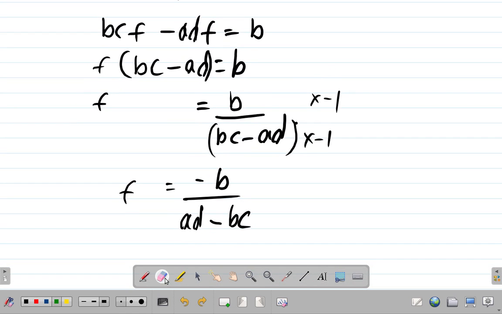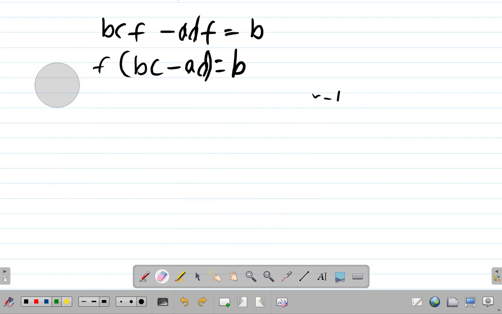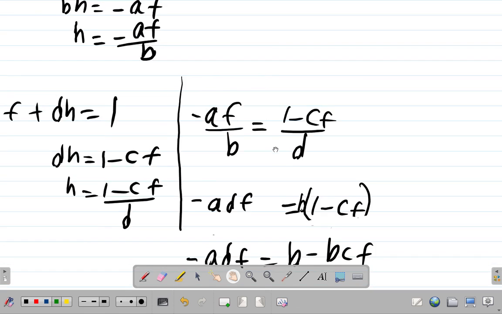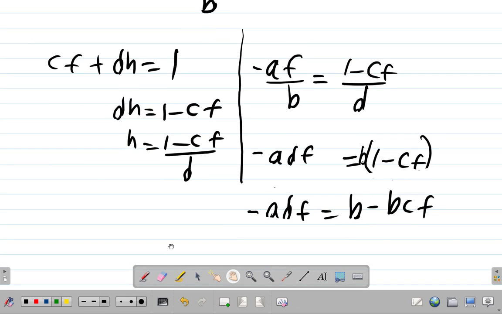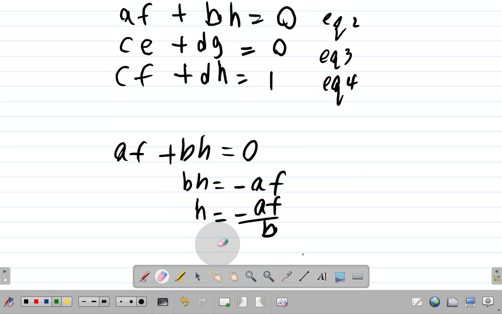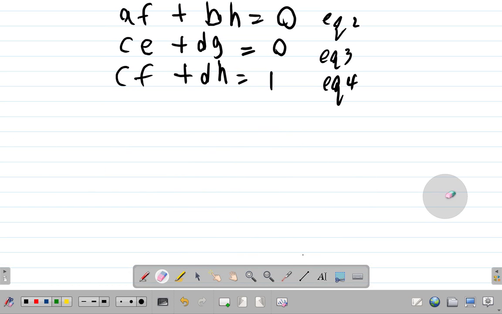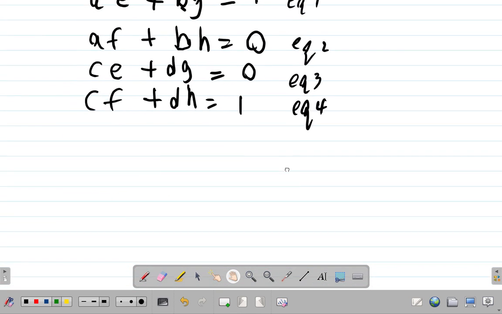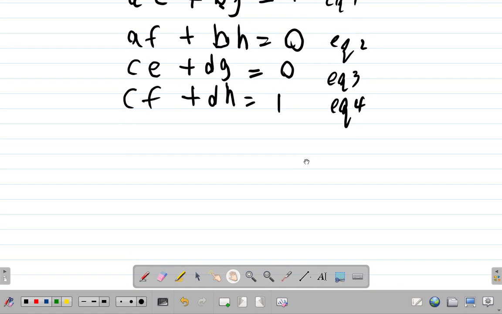So, let's erase what we have down here to make space on the board. Now, you see, this is very interesting. We look again at equation 2 and equation 4. Equation 2 says AF plus BH equals 0.